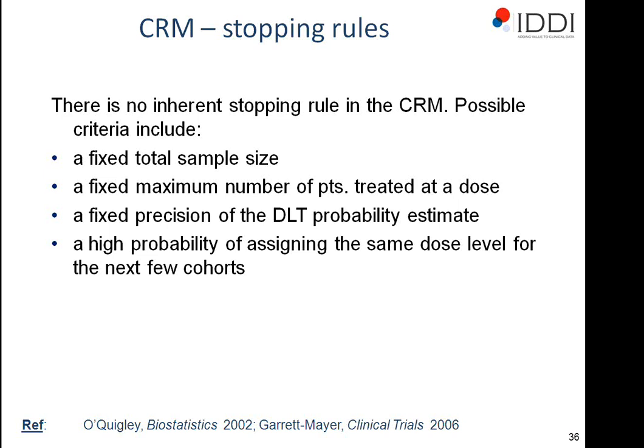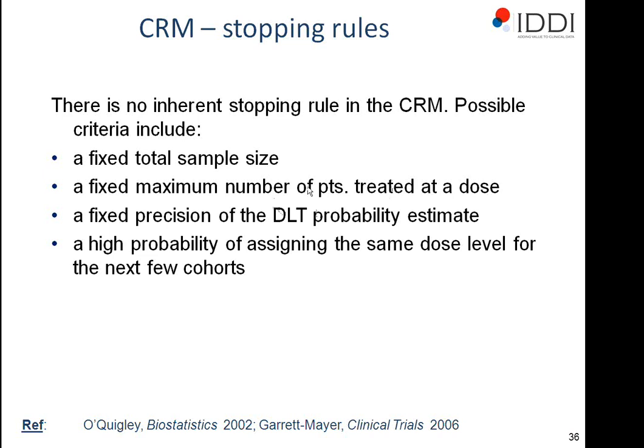Very often a fixed total sample size is used. So essentially you say, okay, I want to put 24 patients in my trial, and you run your trial, and when you reach 24 patients, according to the updated model, you select your MTD. So, the recommended dose for the phase 2 trial.